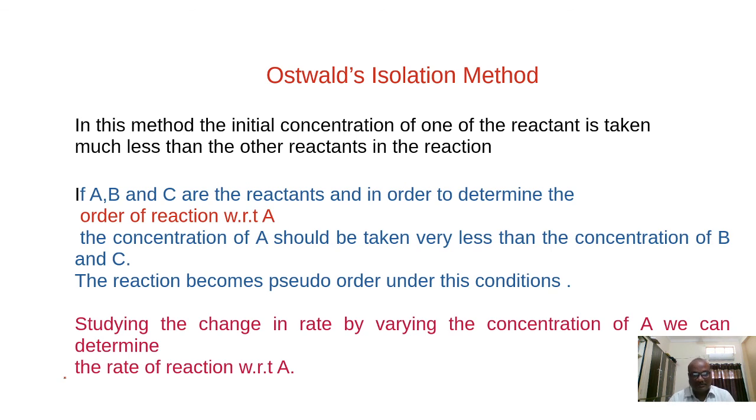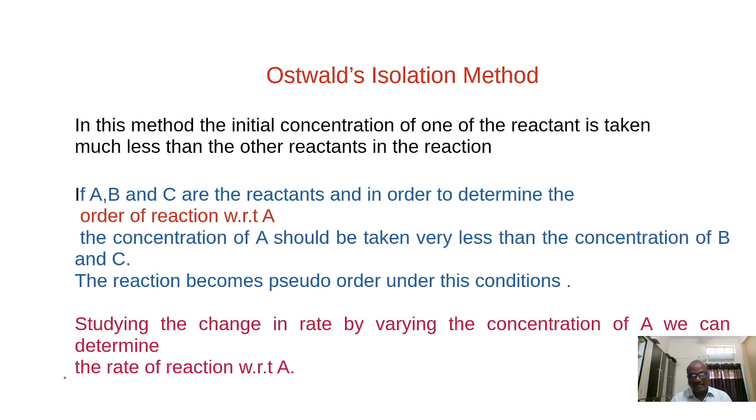The fourth and last method to determine the order of reaction is the Ostwald isolation method. In this method, the initial concentration of one of the reactants is taken much less than the other reactants. For example, A, B, C are the reactants.